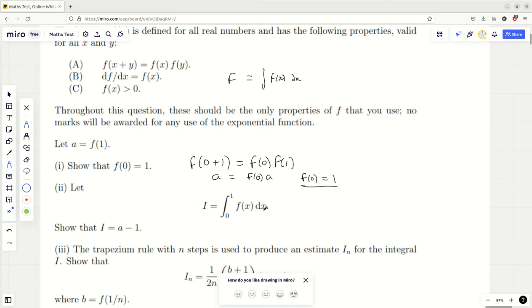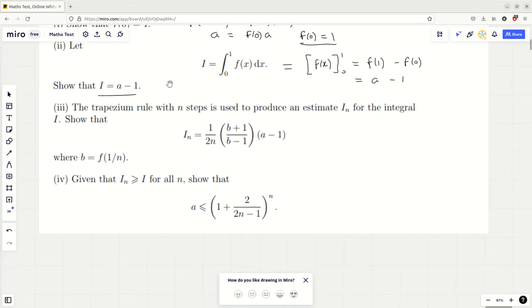So clearly the integral is going to integrate to f of x between 1 and 0. And that's f of 1 minus f of 0, which we've just deduced, or been told. f of 1 is a, f of 0 we deduced was 1. So that's a minus 1. Oh, we showed it. I didn't even look at that.